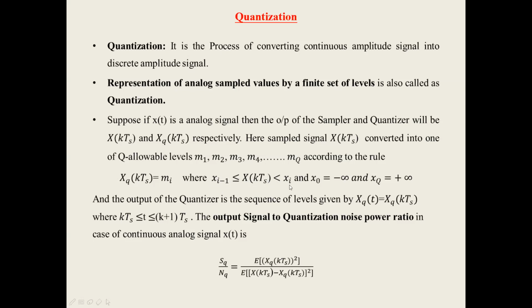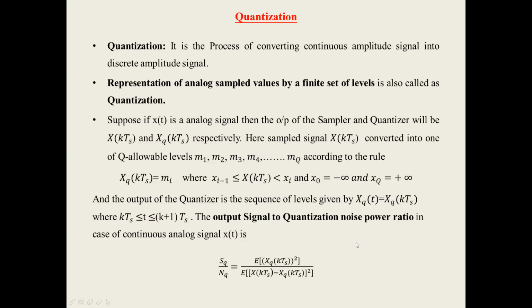If the x(kTs) value is present in this range, then all such values are assigned to the quantization level m2. In this manner, the quantizer will assign the quantization levels to its output, and the output of the quantizer is a sequence of levels given by xq(t) equal to xq(kTs), where kTs is less than t less than or equal to (k+1)Ts.